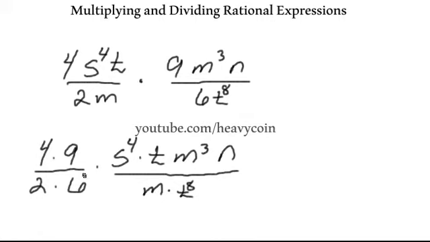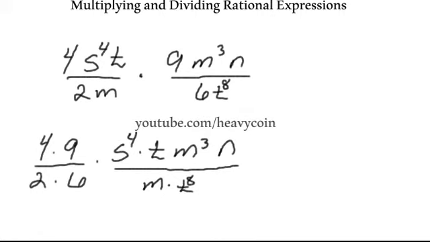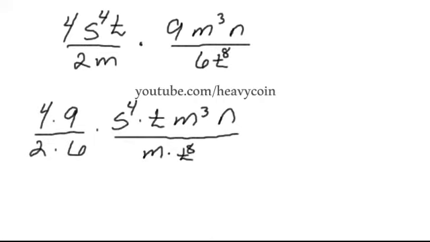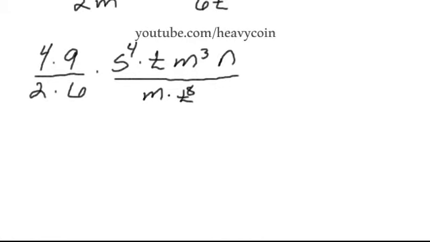Okay, let's look at this piece here. What I'm going to do now is factor this stuff and show you how to cancel this out to reduce it all the way down. So 4 can be broken up as 2 times 2, and 9 can be broken up as 3 times 3.